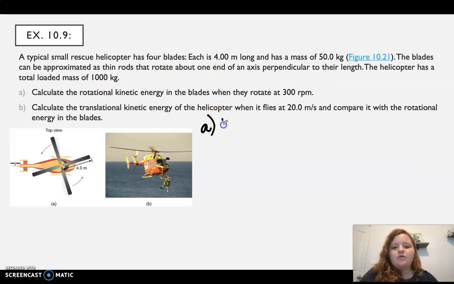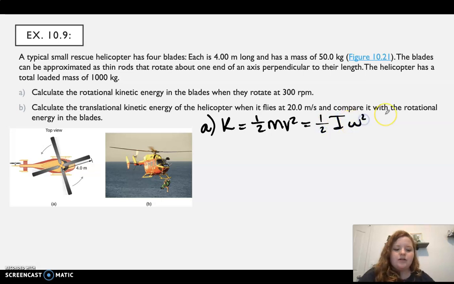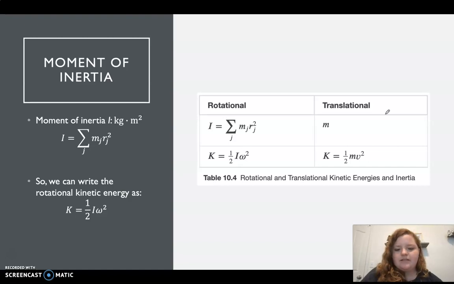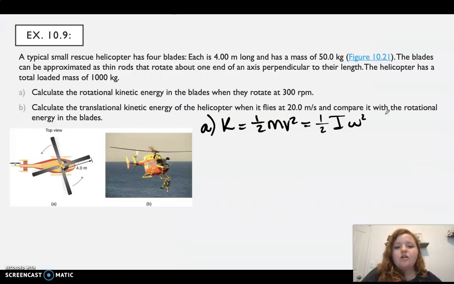So we want to know kinetic energy. Kinetic energy, remember, is going to be 1/2 mv squared, or 1/2 I omega squared. So I, remember, is going to be the summation over each mass and its axes.